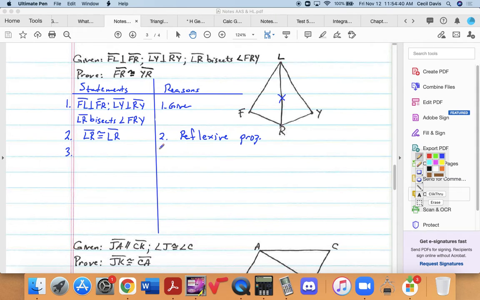All right, I'll take a volunteer to give me another. Yes, Evan. Angle FLR is congruent to angle RLY by definition of angle bisected. Okay, be careful. What angle's being bisected?